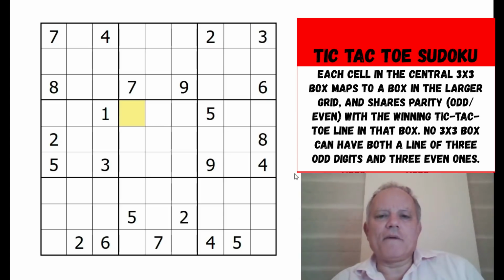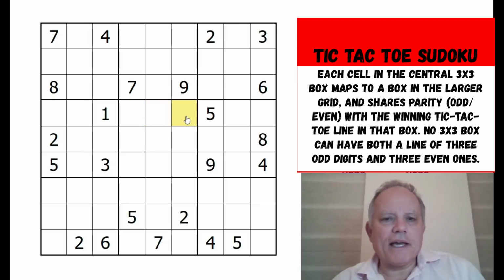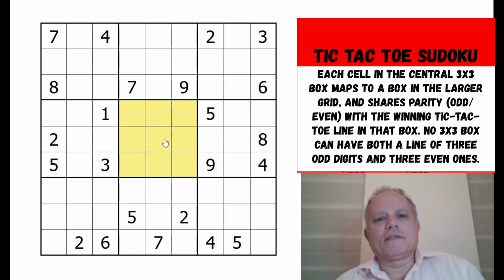And, well, I mean, it's a very important rule, I think, that no 3x3 box can have both an even and an odd winning line in it. So either odd wins or even wins, and the result will appear here. And this box must operate on itself, I think. So the central cell reveals the winner, unsurprisingly, perhaps, of the even-odd battle there.